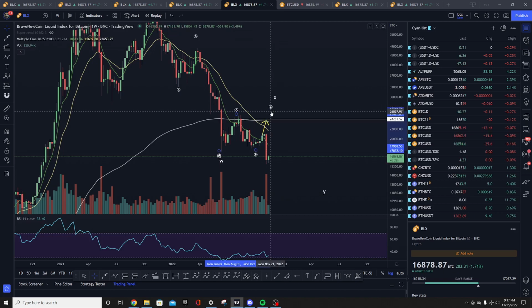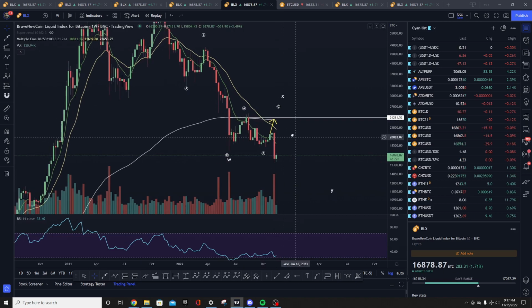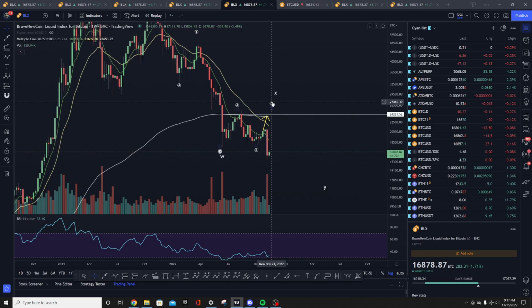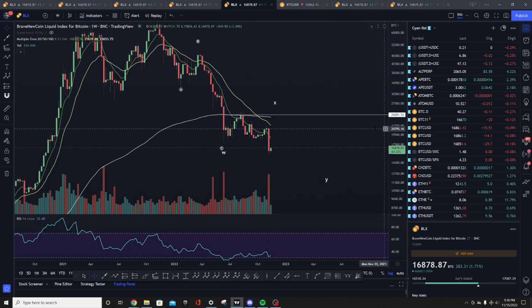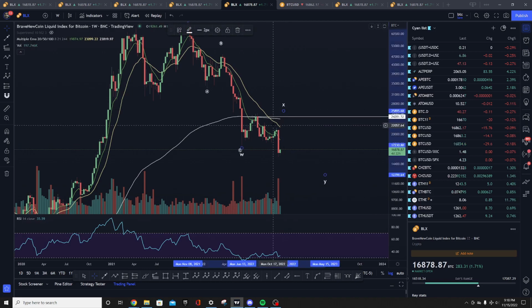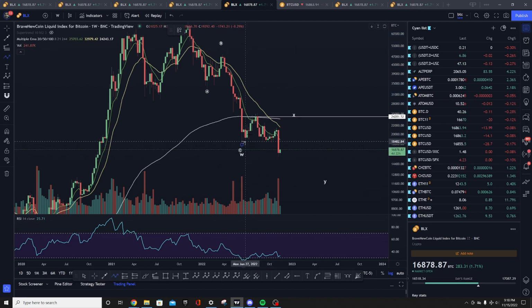But the market structure changed, right, with the FTX news, and it made it irregular, I would say. So it could still be an X wave, but in this case it's probably better to be a wave 4 instead. If it is an X wave, then I would expect something like this.